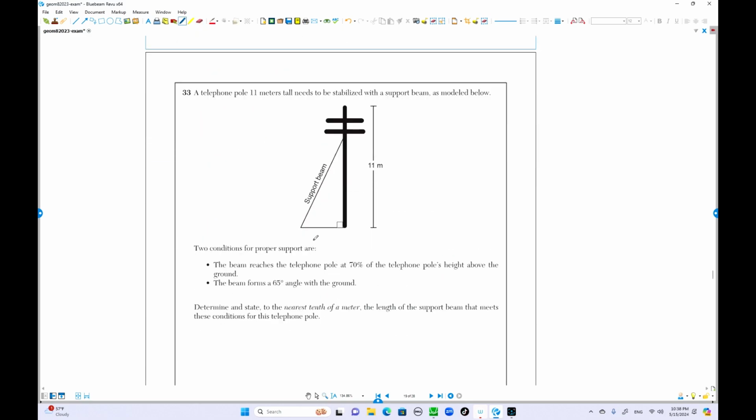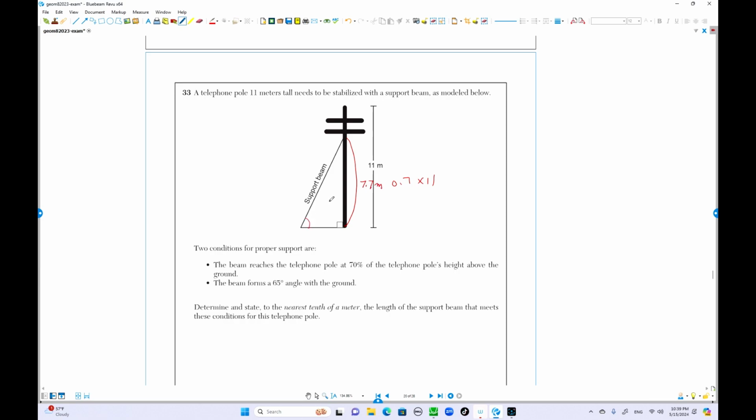Number 33. So we have a support beam and this is a telephone pole. This will reach only 70% of 11 meters. So 0.7 times 11 is 7.7 meters. All right.